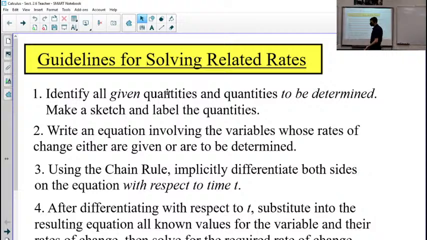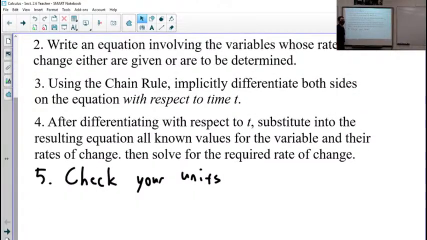And usually the thing that we're trying to find is a rate. And then the last step that I wrote in here is check your units. Make sure that you're writing in terms of units. It's usually going to be something per second or something per minute. And just make sure that those rates are correct.